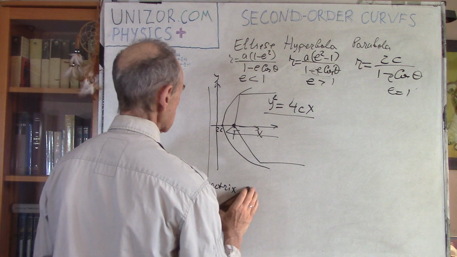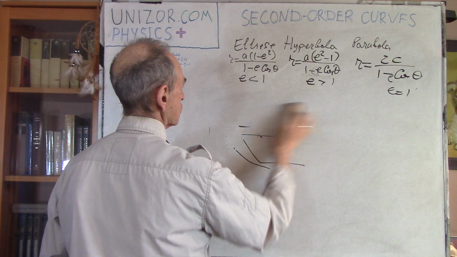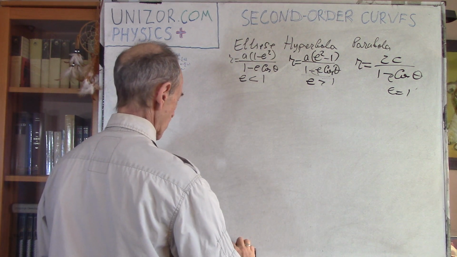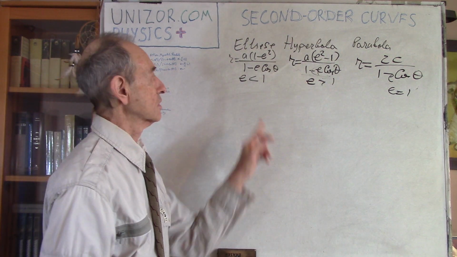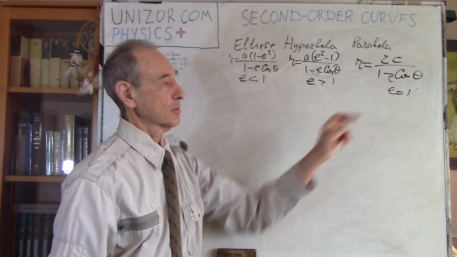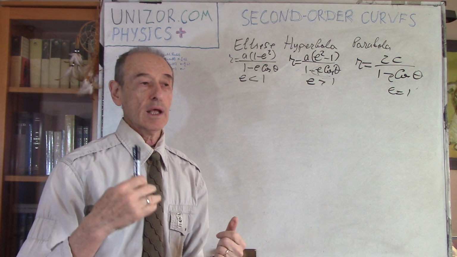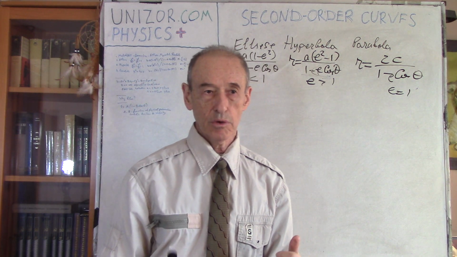So this was just a repetition of something which was presented in detail before in a different course, but we should actually know these polar representations, because that's what we will use in the next lecture when we talk about Kepler's law.